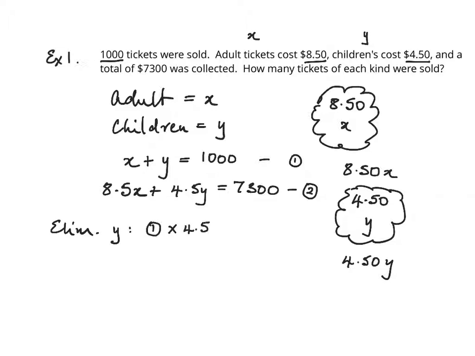So that would give us 4.5x plus 4.5y equals 4.5 times 1,000, which is 4,500. That's equation 1. And underneath it I'll write equation 2 again.